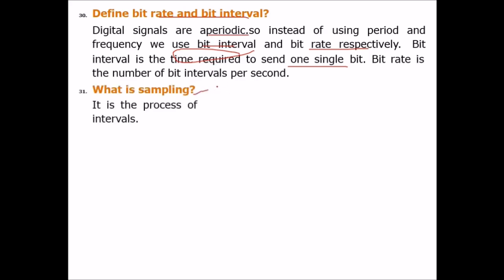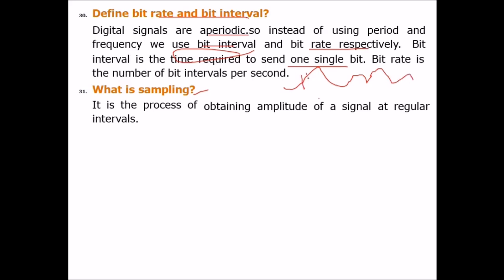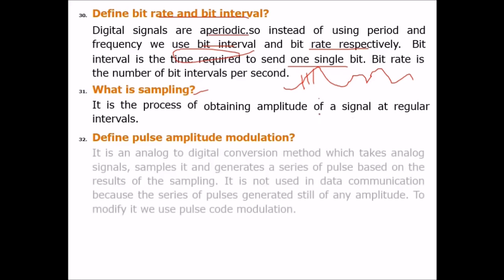What is sampling? Sampling is a process of obtaining the amplitude of a signal at regular intervals. So this is your signal, and you take its amplitude at regular intervals. This is sampling. It is done in making an analog signal digital, because for that you have to sample and then quantize. Define pulse amplitude modulation, that is PAM.